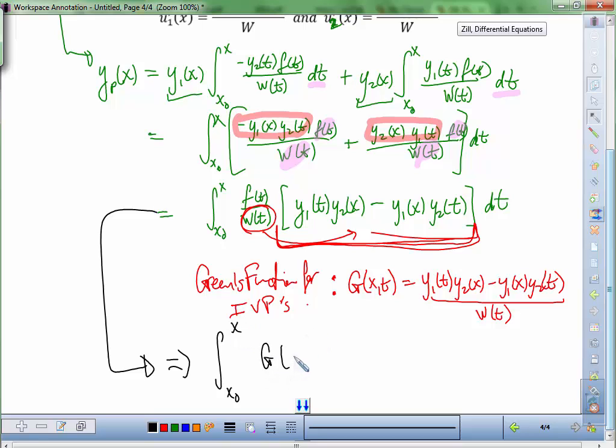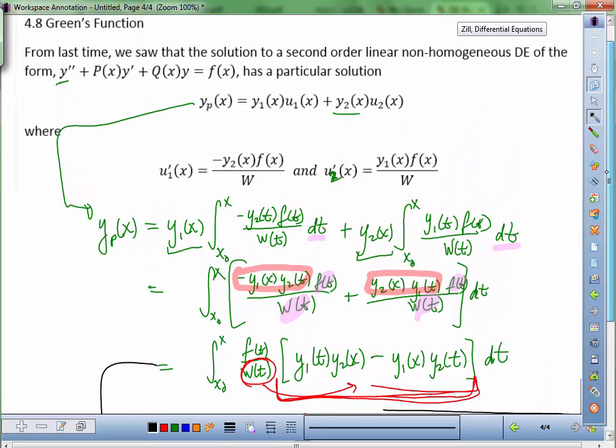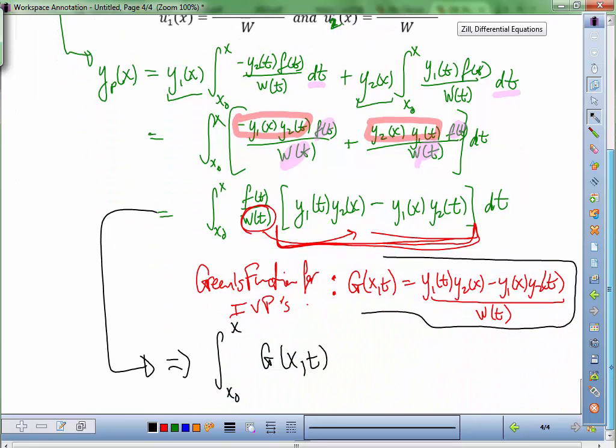Green's function, which now we're defining properly to include the Wronskian. So Green's function has all the information about the Wronskian and about the homogeneous portion of your differential equation. And the only thing that's not included there is the function, oops, this is a function of t, the function in the non-homogeneous part.